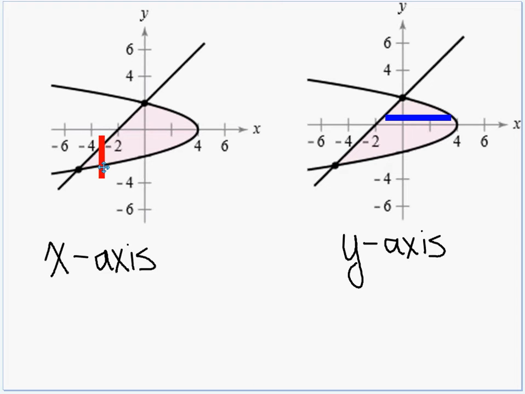The bottom of the rectangle is touching the negative part of our opening sideways parabola. And that's true all the way through until we get to here. Here, the top of the rectangle is still touching the straight line at that intersection point, but when we move a little bit beyond, now the line is out of the picture. We have the top of the representative rectangle touching the positive radical.